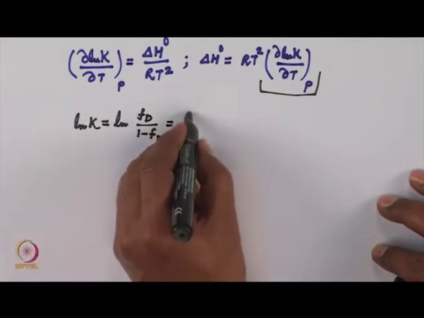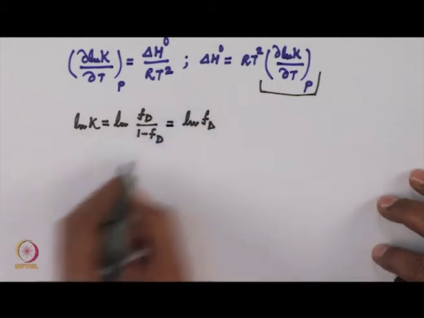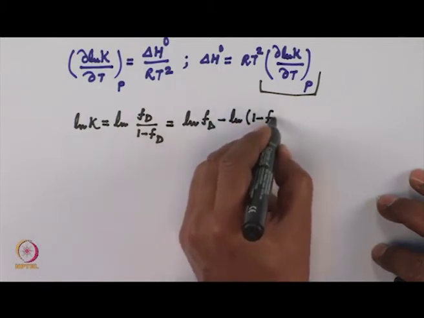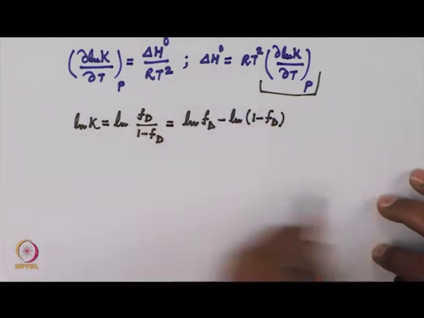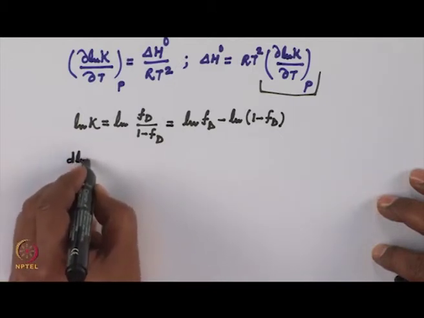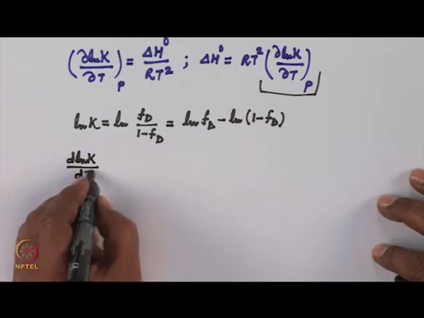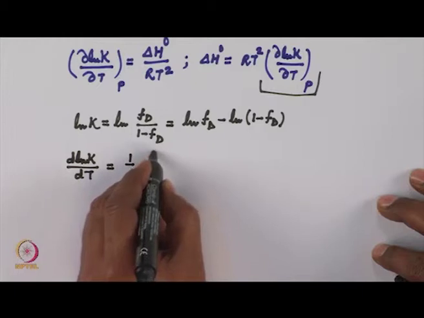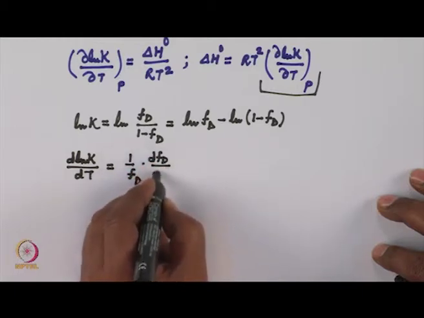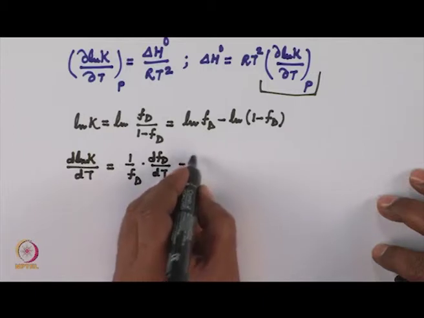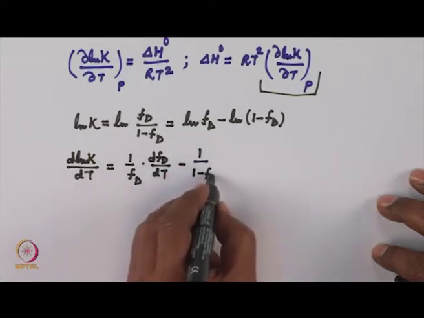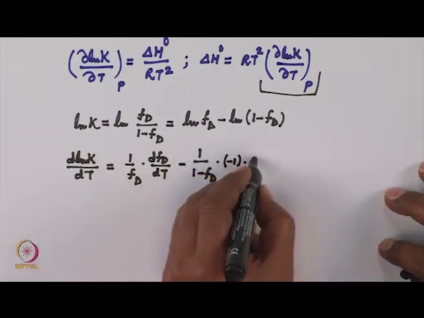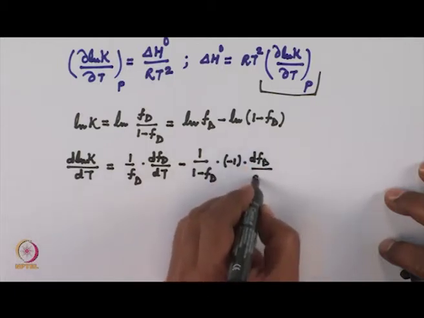If I write this as log Fd minus log of 1 minus Fd, and I take its derivative, it will be equal to 1 over Fd times dFd by dT, minus 1 over 1 minus Fd times minus 1 times dFd by dT.